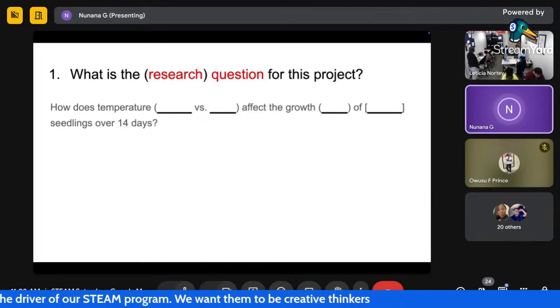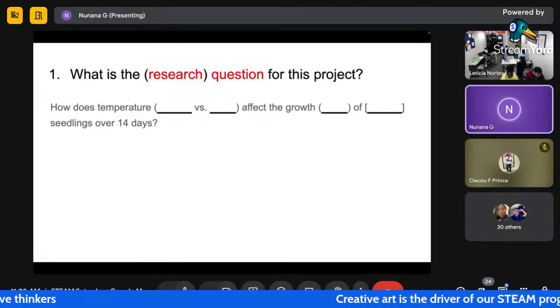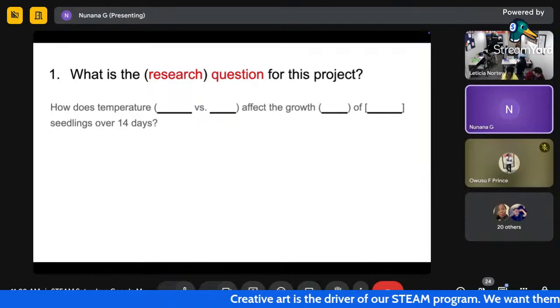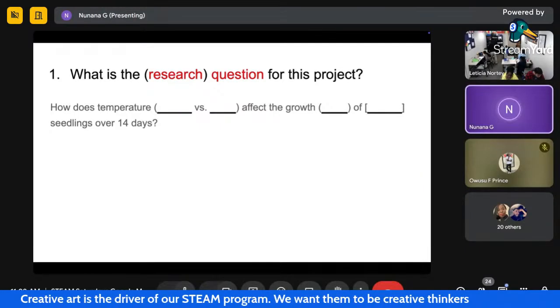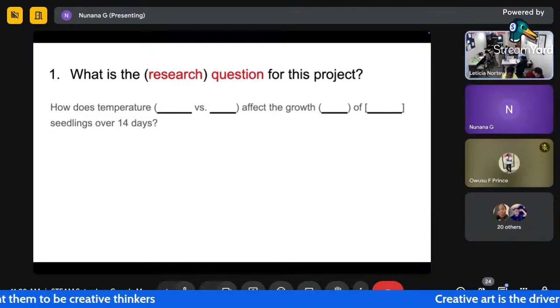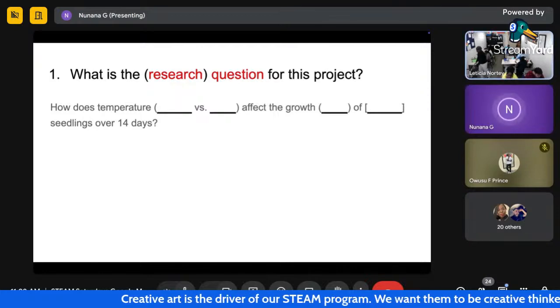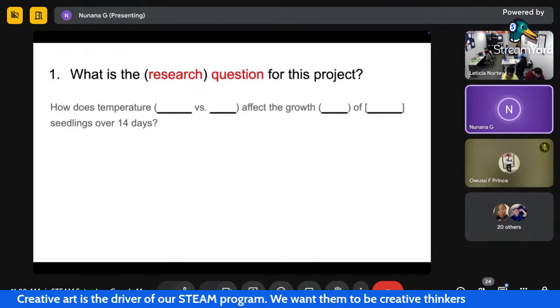The question for you guys is, how does temperature indoors versus outdoors affect the growth of bean seedlings over 14 days? So this is the research question you guys will be filling out. I'm sure the teacher shared the guidelines with you, so it's on there.